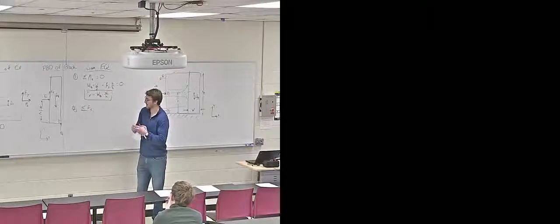So the sum of forces in x. We're going to limit this to the x direction because I think it should be pretty clear that, if we're assuming inviscid, if there's no viscosity, then there can't be any vertical force between the block and the fluid.